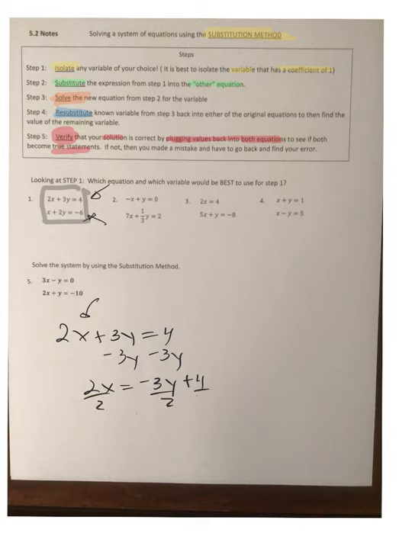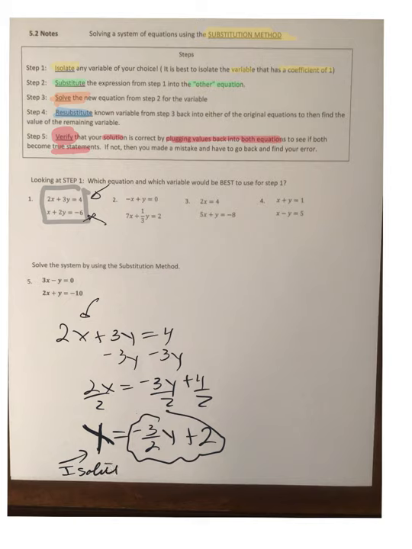I'd have to divide by 2. Look at all the steps that it's taken me just to get the x isolated. And I've run into a lot of fractions. So notice that I got into a lot of fractions, but I got x by itself. And that's what we mean by isolate, to get a variable of your choice. Well, maybe Johnny or whoever says, nah, Mrs. Whip, I decided to isolate the y.